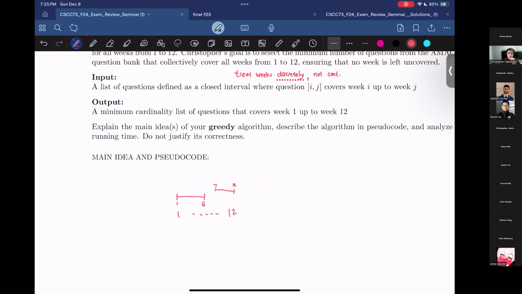Can intervals overlap? Yep, they can also overlap. Okay, I see a lot of people saying sort by the number of weeks it covers, sorted by size.